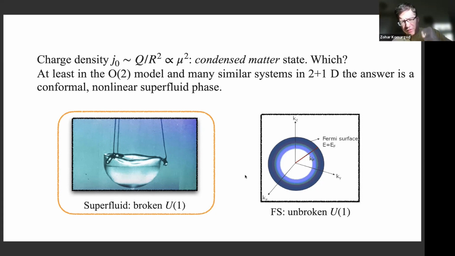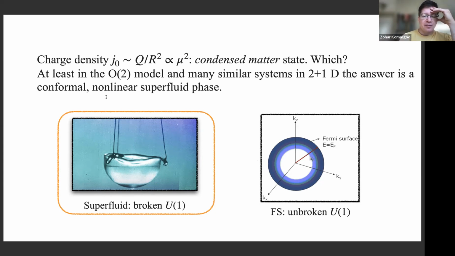And for some reason that is not currently clear, as far as I know, in all the models that people have looked at, the superfluid is the right answer. There are some intermediate regimes where a Fermi surface appears, but it seems to be always eventually unstable to perturbations. And the superfluid is the right ground state.